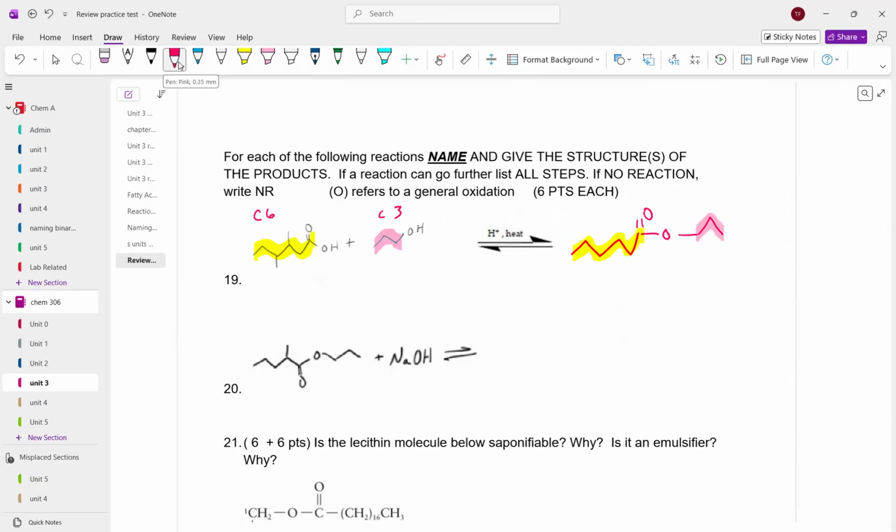So whenever we have a reaction, you have to name the product and reactants. So this is going to be a 1, 2.